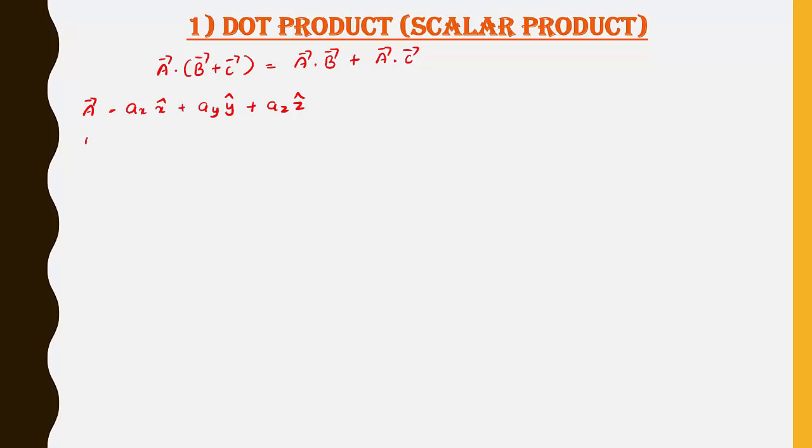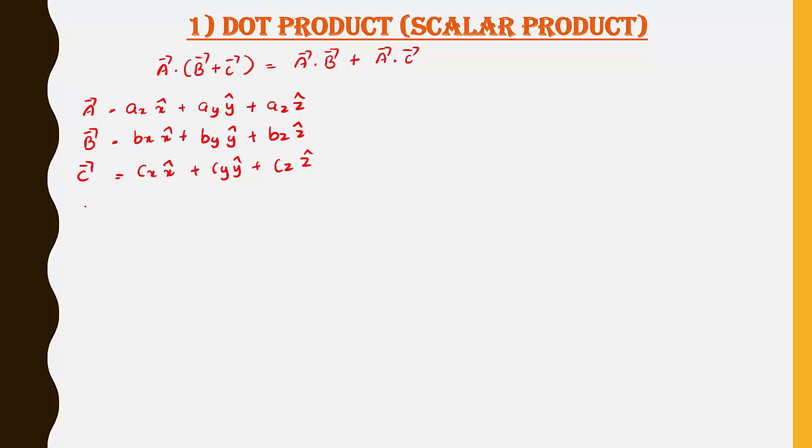Similarly, vector B equals Bx x cap plus By y cap plus Bz z cap. Then the third vector, vector C, equals Cx x cap plus Cy y cap plus Cz z cap. So this is the representation of three vectors.